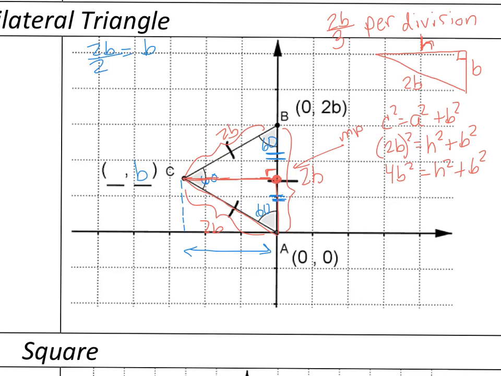I'm going to subtract 1b squared from both sides. 4b squared minus 1b squared is 3b squared. And then when I go to take the square root of both sides, I'm also going to use the symmetric property here. I end up with a height of square root of 3b squared. Of course, b squared is a perfect square. So I'm going to take that, and my height is square root of 3 times b.